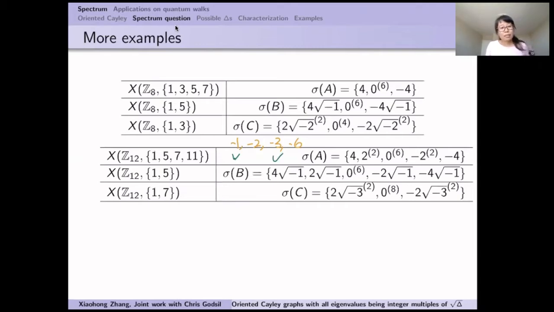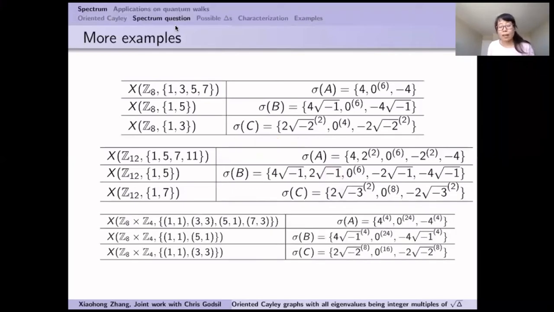So far, another question is whether these feasible deltas are determined by the group order or something else. Let's check a non-cyclic group, Z8 times Z4. We checked, and there are other examples, but all the achievable negative deltas are -1 and -2.